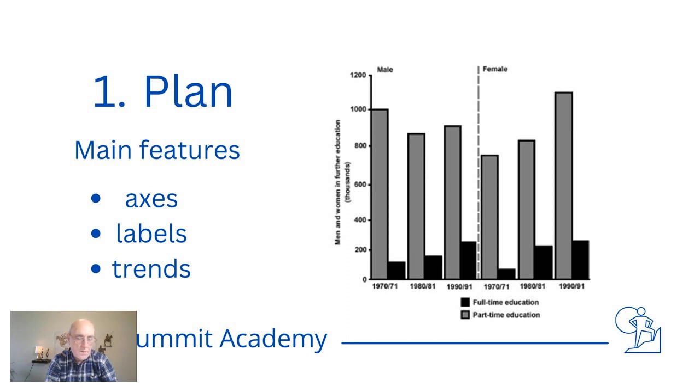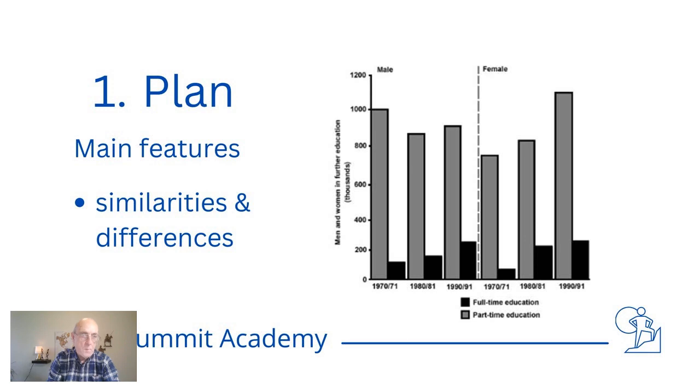And I also want to notice that the gray bars represent part-time education, and the black bars represent full-time education, so that I'm becoming quickly aware of what the graph is about by looking at the labels. And these labels are what I'm going to use in my writing, in my descriptions, and in my reporting.